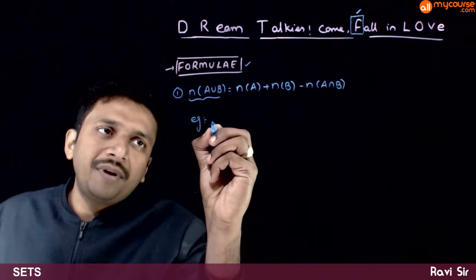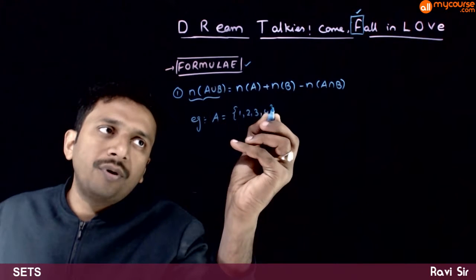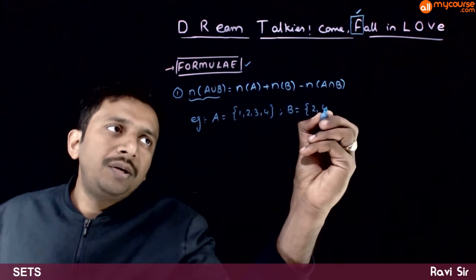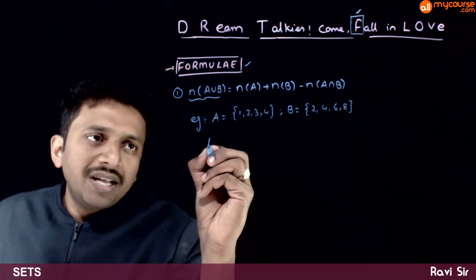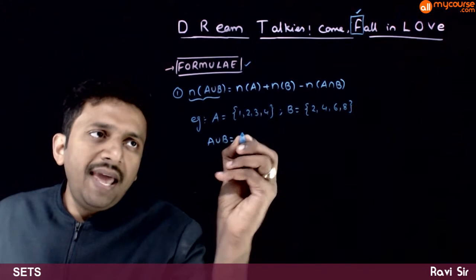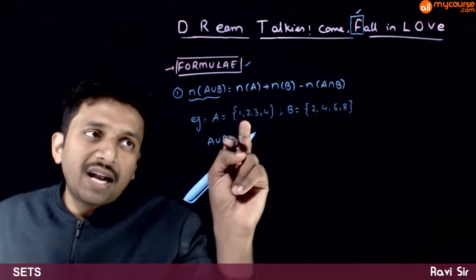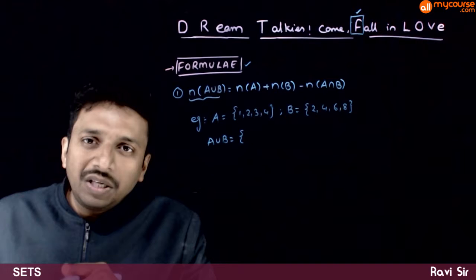So for example, if you have the set A is 1, 2, 3 and 4, and let us say that you have set B which is 2, 4, 6 and 8. So what is A union B? A union B is nothing but the elements which are either present in A or present in B. You need to combine these two sets.